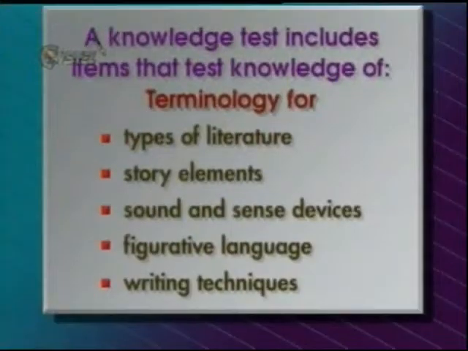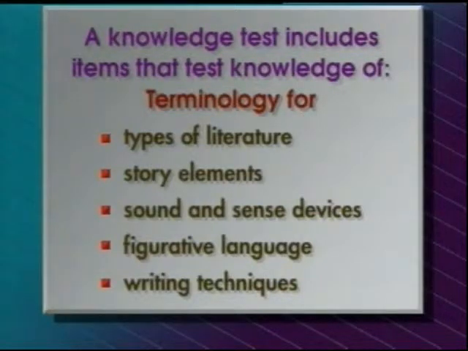If you were to abide by Bloom's taxonomy of educational objectives, knowledge involves recall of terminology, specific facts, conventions, trends and sequences, classification and categories, criteria, methodology, principles, theories, and generalizations. In literature, a knowledge test would include items that test knowledge of terminology.